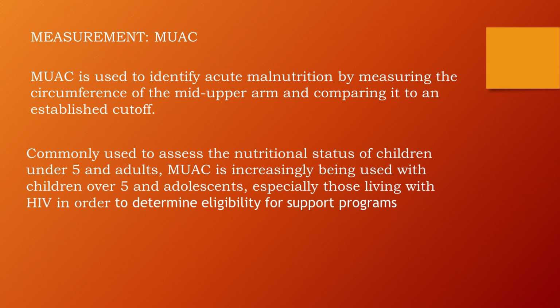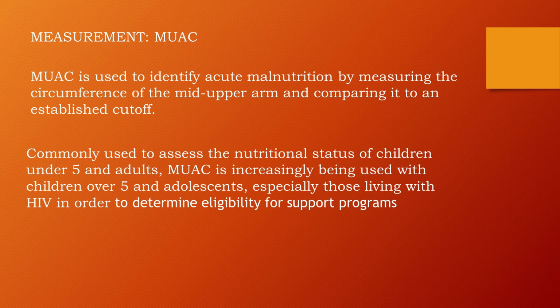But if there is any alteration in the dimensions of the mid upper arm circumference, then you can categorize whether the child is undergoing moderate acute malnutrition or severe acute malnutrition.